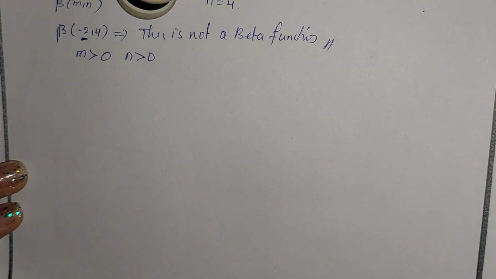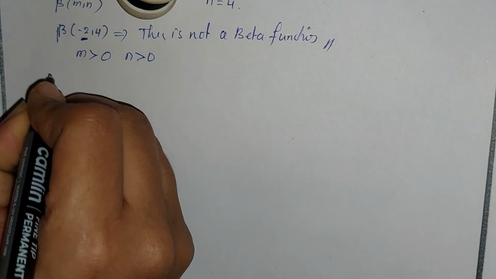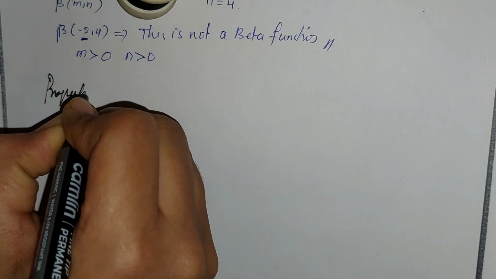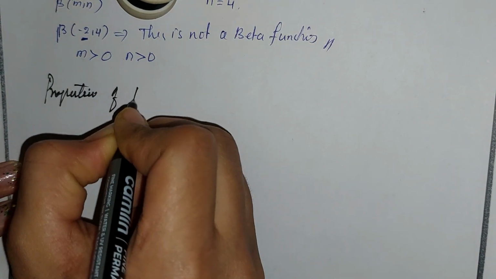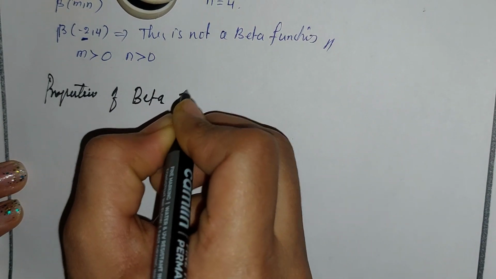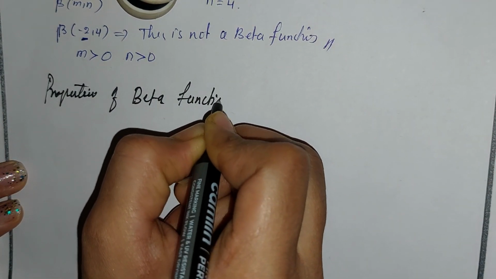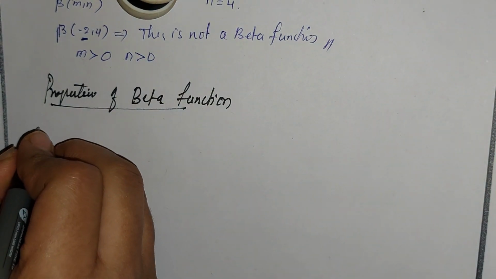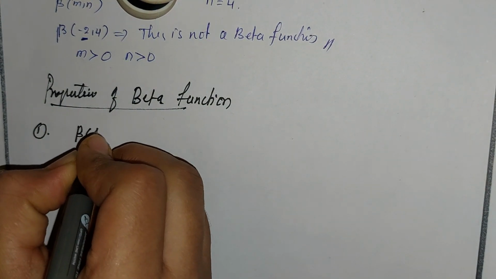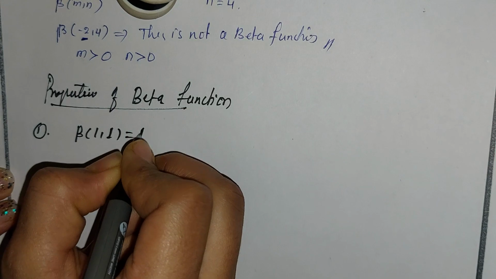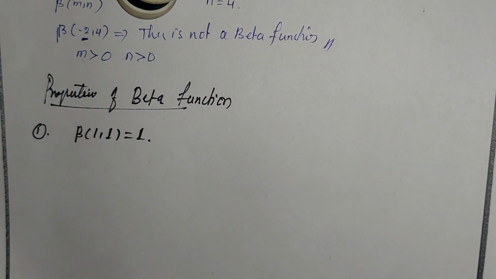Now let us know some properties of the beta function. First one is beta of 1 comma 1 is equal to 1. Let us prove this.